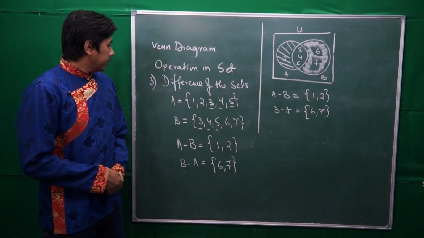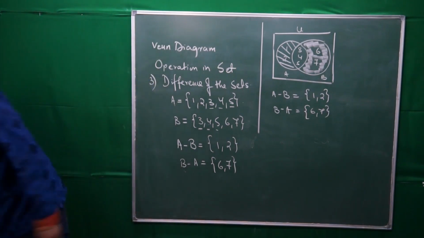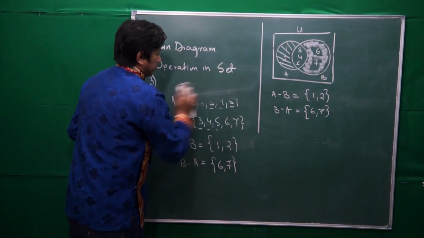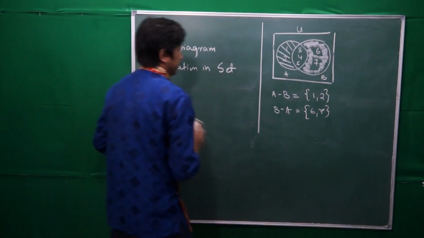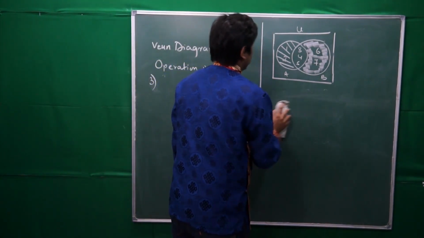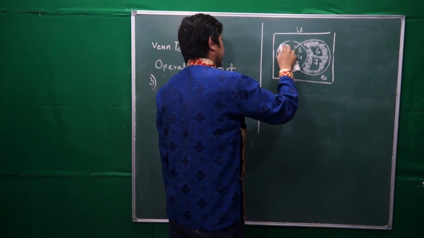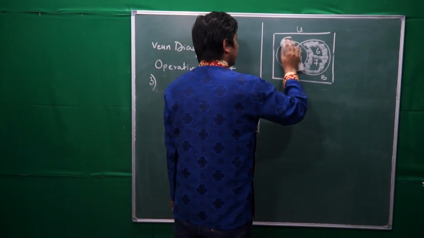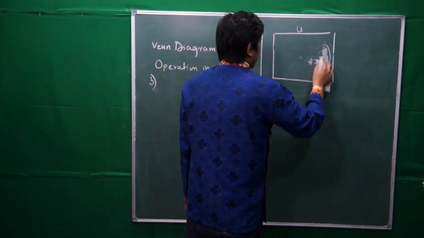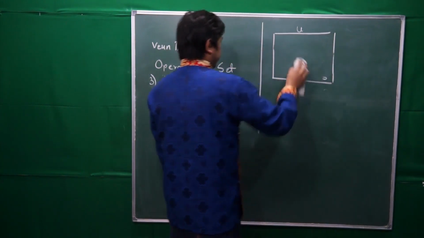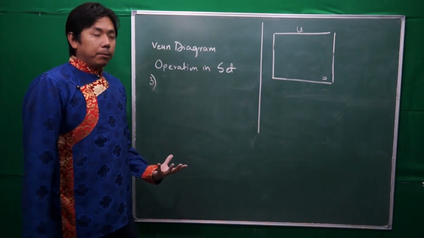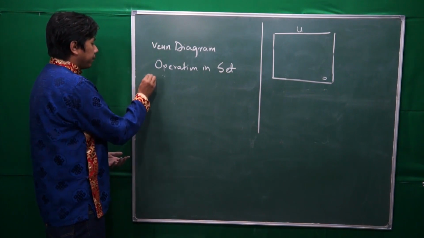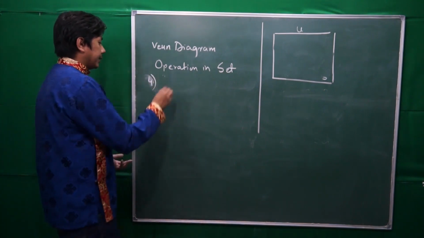So this is the difference of the sets. So next we are going to talk about the fourth operation. The fourth operation is symmetric difference.